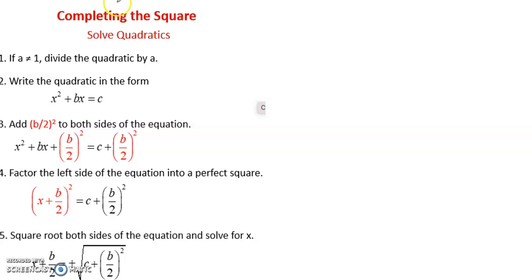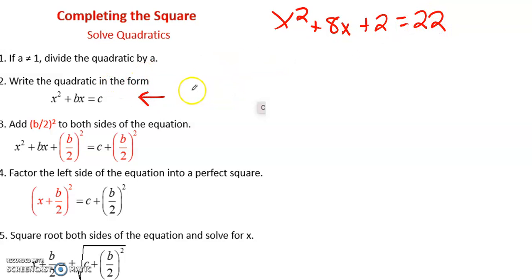So we're going to use the example x squared plus 8x plus 2 equals 22. All right, I want to put it into this format first, which means my c is going to just be on the right side. So I'm going to subtract 2 on both sides. Rewriting this, I get x squared plus 8x equals 20.